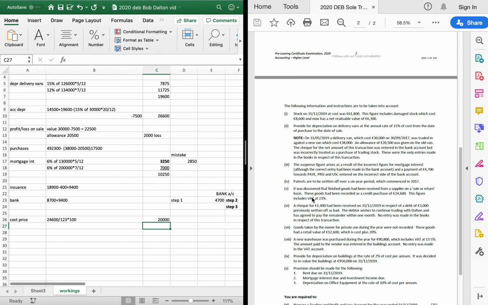So the cost price is 20,000. So purchases has to go down by that. Okay. Now, just let me read this again because I'm not 100% sure. These goods have been recorded as a credit purchase of 24,600.